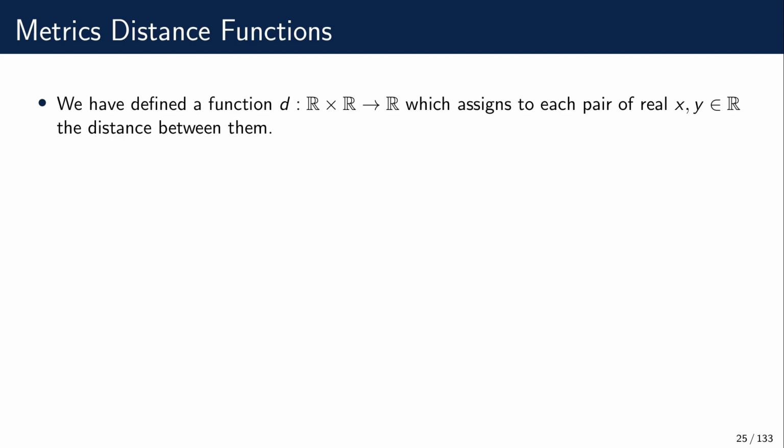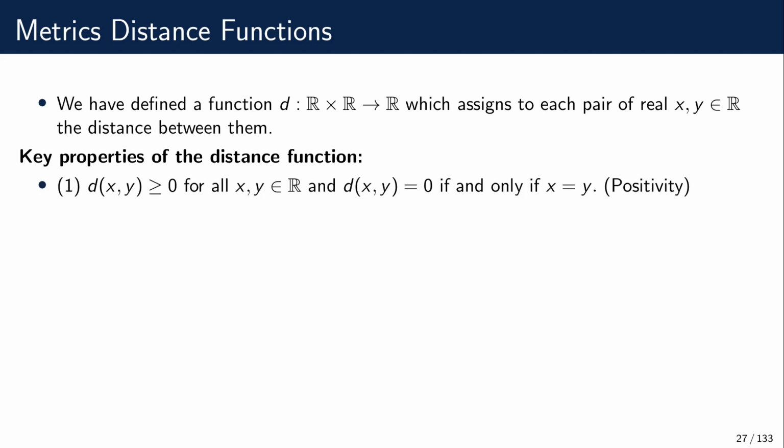So what we have done here is define a function that takes a pair of real numbers and assigns a third real number to them, which is non-negative, and it's in fact the distance between x and y. So what are the key properties of this distance function? Well, property number one is that it's clearly non-negative because it's the absolute value.